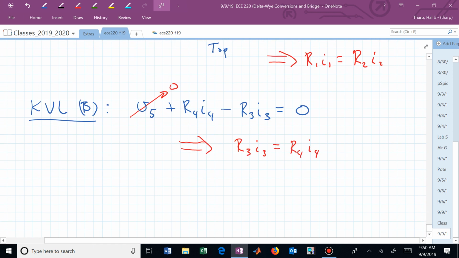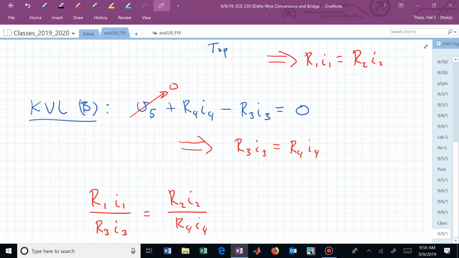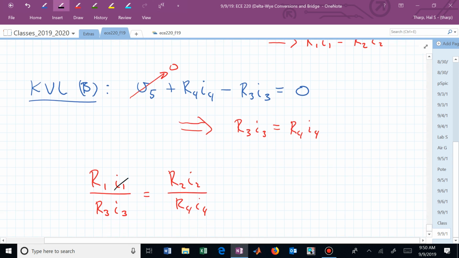Now let's just take the ratio of R1 I1 with R3 I3, R2 I2 over R4 I4. And what I tried to argue by KCL with I sub 5 equal to 0 is I1 is the same as I3, and I2 is the same as I sub 4, and there's our balanced condition.